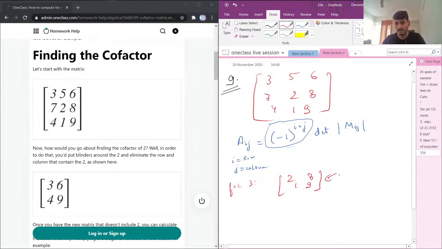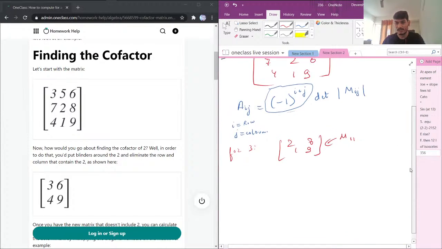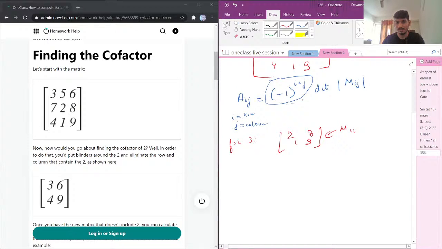This matrix is called the minor, Mij. This is basically M11, the minor for the first element, because my i and j are equal to 1. For calculating the cofactor, I will just take the determinant. So this will be 2 into 9, 18, minus 8. This will be 10.